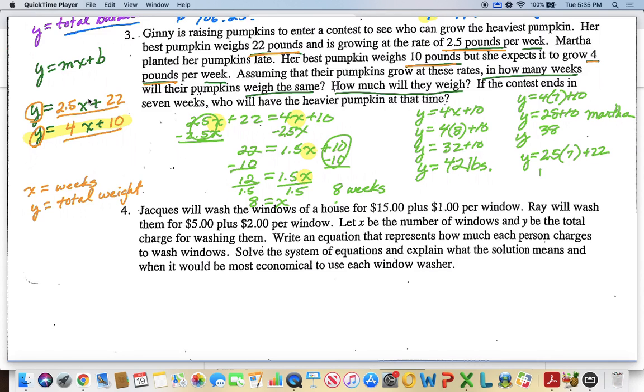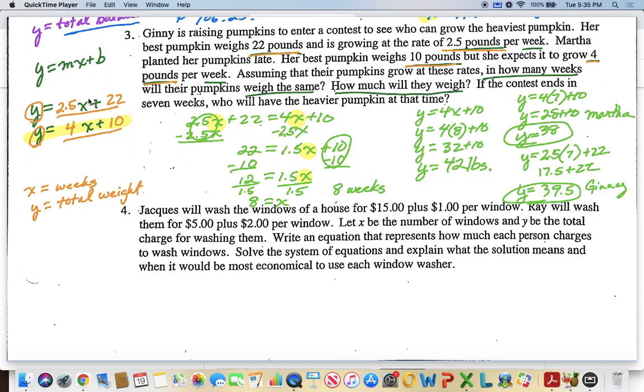So that would be 17.5 plus 22. Okay, so that will be equal to 39.5. And this is Ginny. So this is the weight of Ginny's pumpkin, and this is the weight of Martha's pumpkin at 7 weeks.